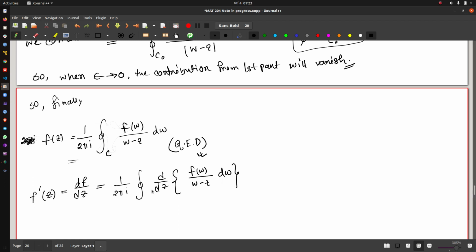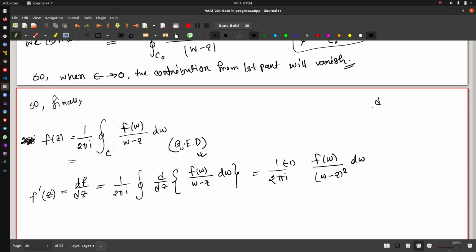You might ask, why am I doing this? Why can I do this? Well, you are integrating over dw, and we are taking a derivative with respect to z. So that's why you can do it. So this is just 1 over 2 pi i, and if you take the derivative, f of w remains the same, dw is unaffected, w minus z will now become w minus z whole squared, and there will be one minus sign first over here.